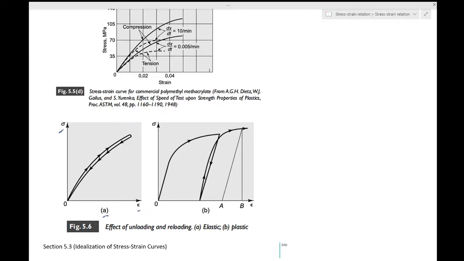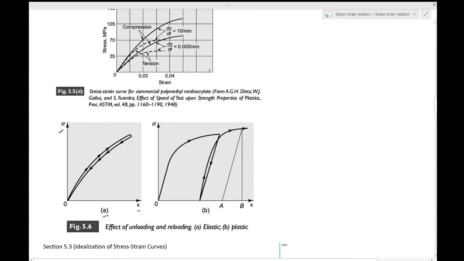Remember, there were two limits, proportional limit and elastic limit. For these materials, if the stress is increased beyond the elastic limit and removed, the stress-strain curve has the shape shown in this figure.